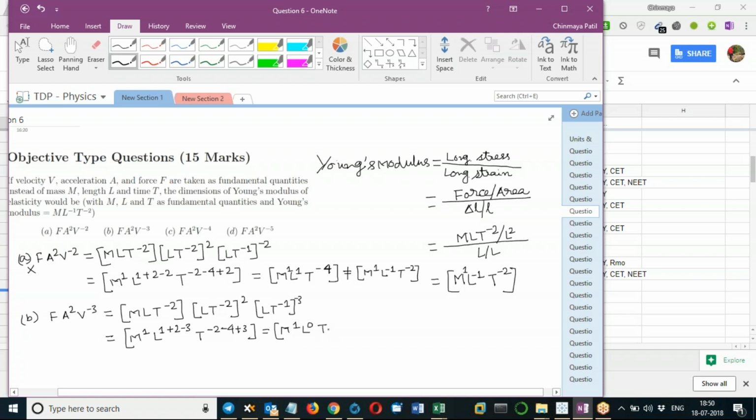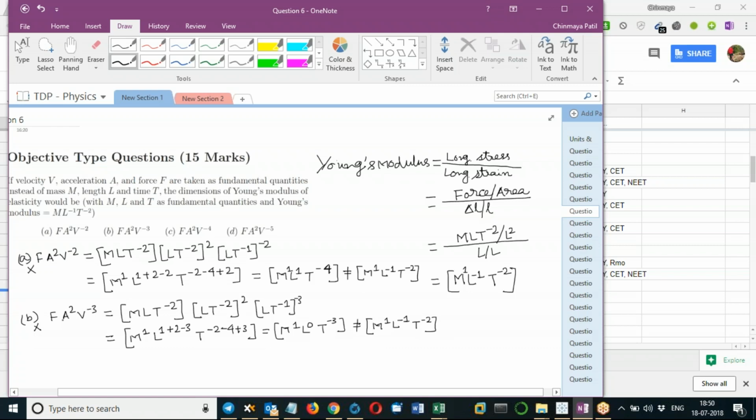The moment you see L power 0, you don't need to proceed further in an MCQ, because it is not equal to L power minus 1, and you can directly go to option C. But for completeness, it is M L power 0 T power minus 3, which is not equal to the Young modulus, M power 1 L power minus 1 T power minus 2. So option B is also not correct.